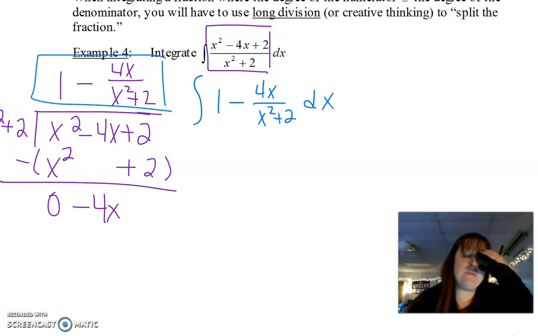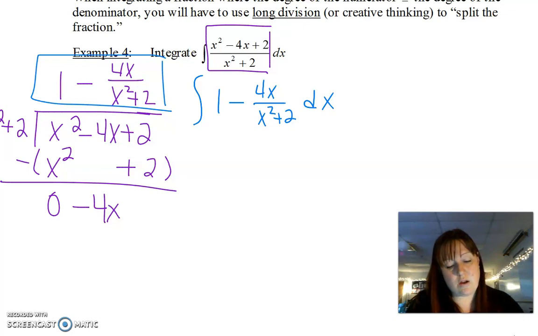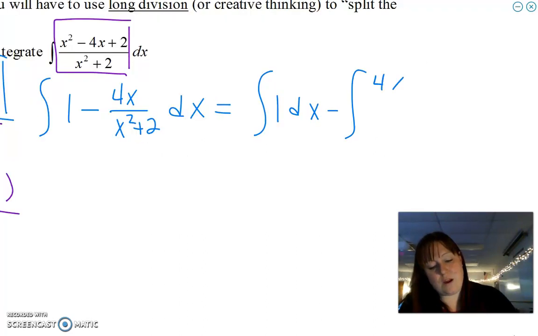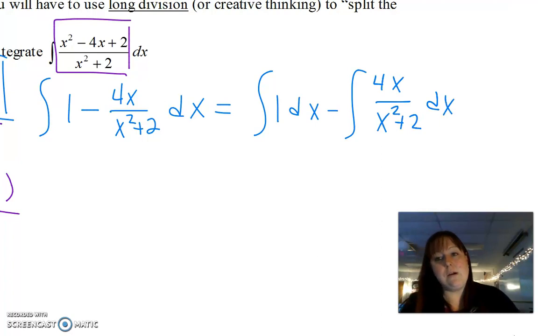And now I'm okay because the degree of my denominator is bigger than the degree of my numerator. Okay, so we know from integration rules that I can split this. So that's the integral of 1 dx, keep my notation good, minus the integral of 4x over x squared plus 2 dx.